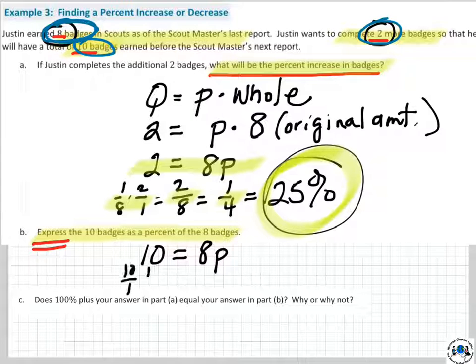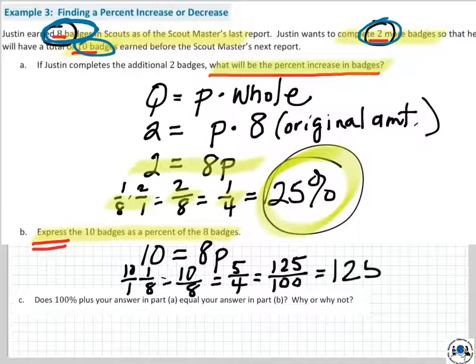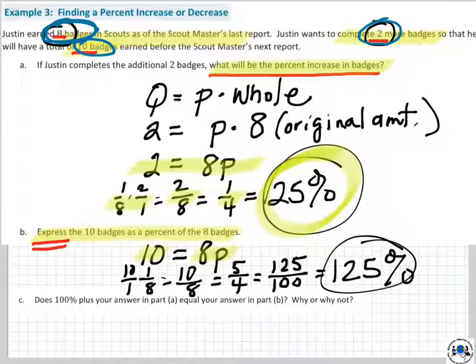Okay, so again, if we put together our percent model, we have 10 equals 8p. The way we get that is we have 10 badges now, which is what we want to compare to the 8 badges, which was our original. Therefore, we have 10 equals 8p, or 8 times the percentage. What percentage of 8 does 10 actually equal?